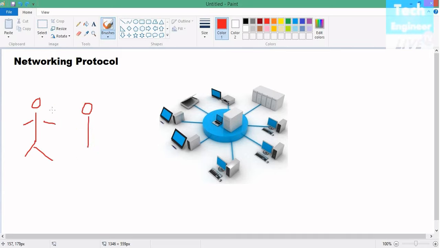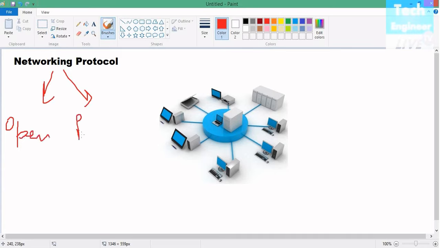That's what happened when networking started, in those days when computers started being built by different vendors. What exactly did they do? They started launching their own proprietary protocols. Basically, network protocols are divided into two: first is open and second is proprietary.